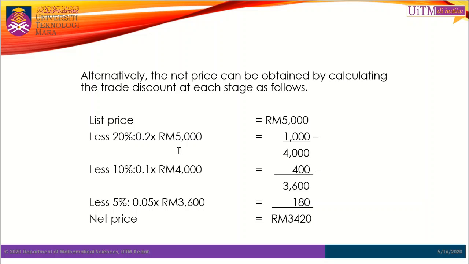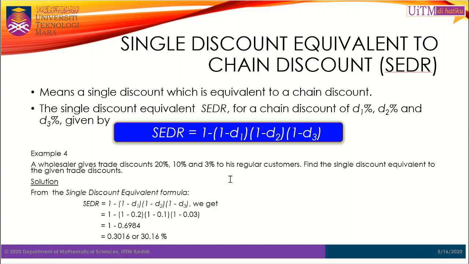On top of that, you can also simplify the chain discount into what we call the single discount equivalent rate, or simply SEDR. You can call it the single equivalent discount rate or single discount equivalent rate, the same thing. This is given by the formula SEDR = 1 minus (1 minus D1)(1 minus D2)(1 minus D3), if you have three trade discount rates.